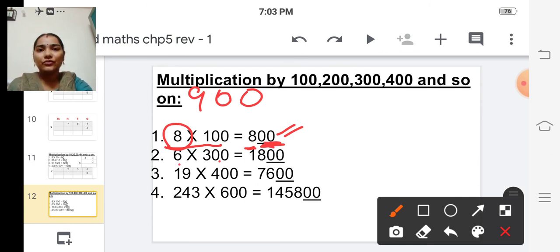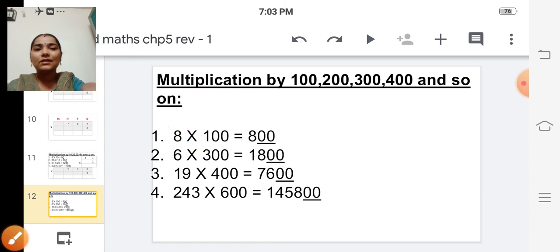First we write 2 zeros at the end. And then we multiply 6 into 3. 6 3s are 18, isn't it? So we write that 18 before these 2 zeros. So the product is 1800.